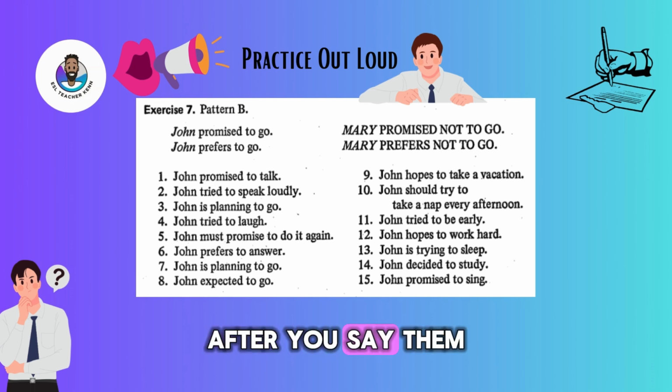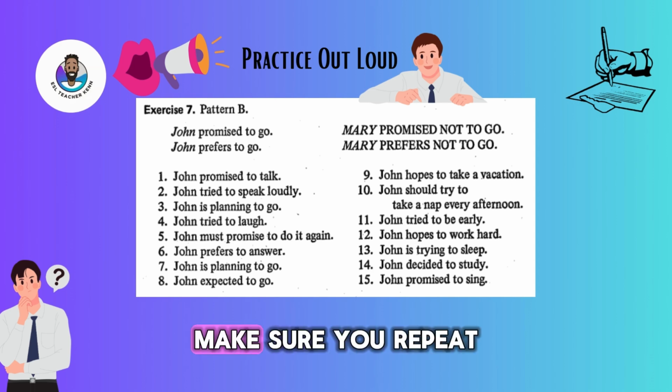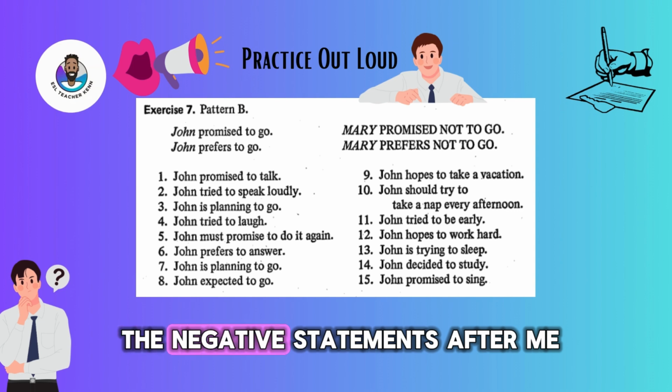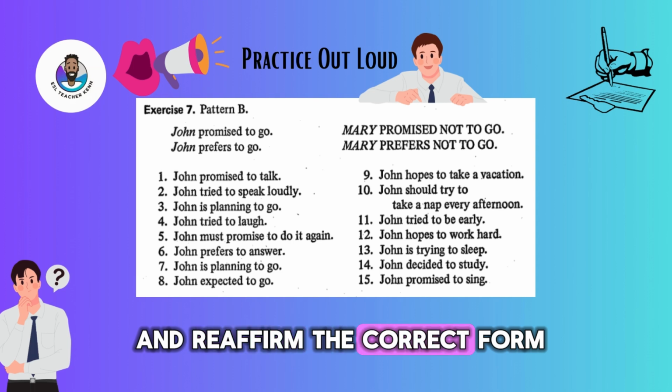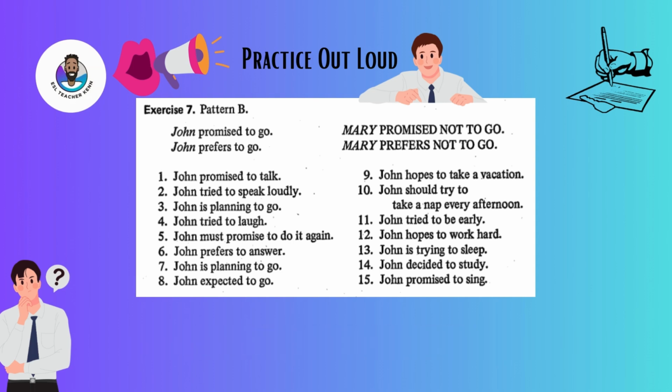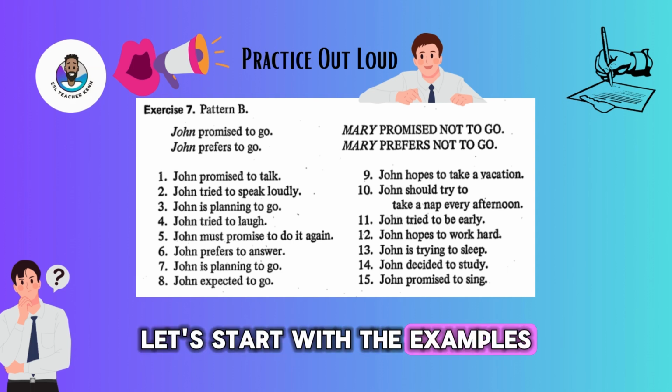After you say them, I'll say them myself so you can check your answers. Make sure you repeat the negative statements after me to correct any mistakes and reaffirm the correct form. Let's start with the examples.